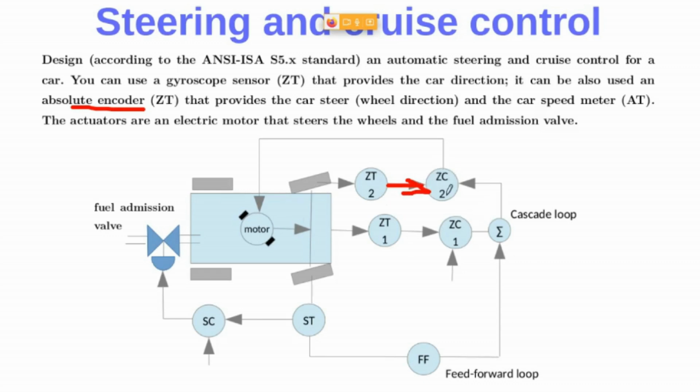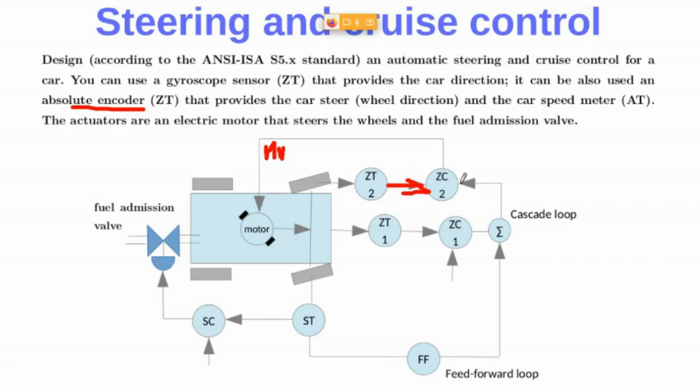And here we have the position controller, that is the wheel direction controller, right? As you can see here, this manipulated variable is applied on the DC motor in here. And this DC motor changes the wheel direction.